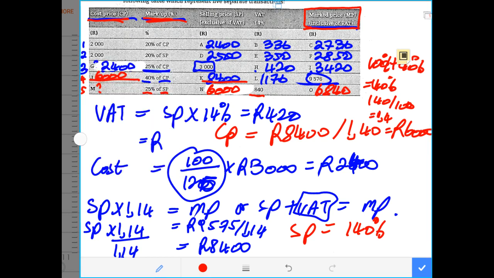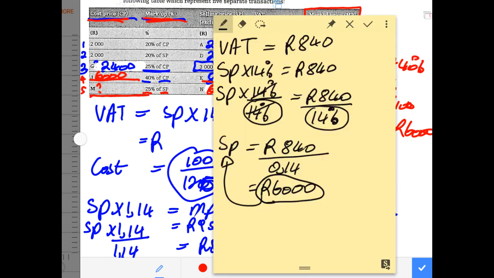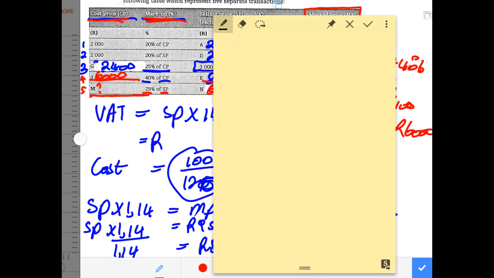So now we are moving backwards, going to alphabet M. In alphabet M, we are looking for the cost price, and the cost price in alphabet M is what percentage? Remember, the cost price will be 75%. I did the calculations previously, but I wiped them away.